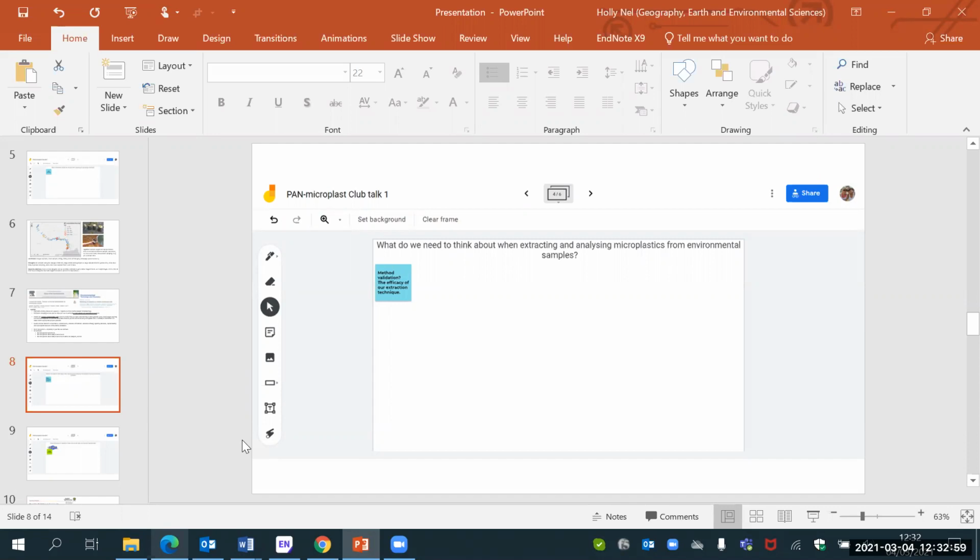So how often do we have to validate our methods? It's quite difficult to validate your method every single time you go through a different sediment sample or field study. But is there a need to do that? We know that if you take sediment samples or samples from the ocean and validate, the extraction efficacy is going to be very different to, for example, sewage sludge or river sediments that is heavily contaminated with wood that makes it difficult to digest.